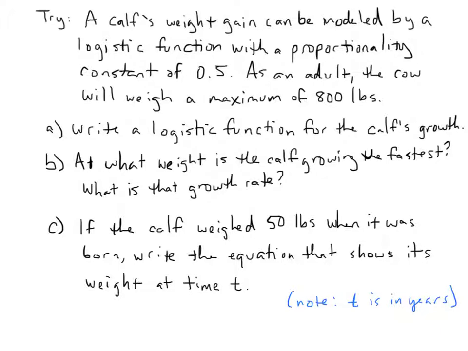You have to write a logistic function that describes the calf's growth. So that's dP/dt. At what weight is the calf growing the fastest? What is the growth rate? And if the calf weighed 50 pounds when it was born, write the equation that shows its weight at time t, where t is in years. So take a minute and pause the video here, and then when you're ready, start the video again, and we'll look at the solution for this.